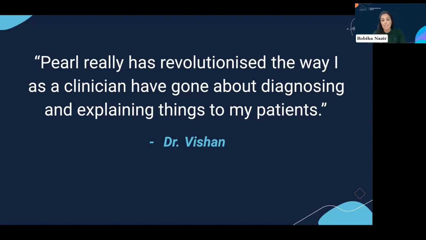So you've obviously seen a patient more than once using Pearl. Have you found that it's also cut down the amount of time that you're spending having to explain things? Your treatment time is reduced? Yeah, so normally I would have spent time drawing out images. I think I've actually got a picture here.